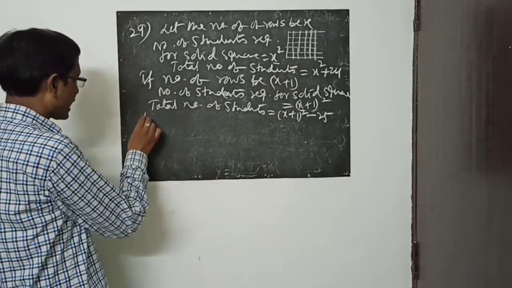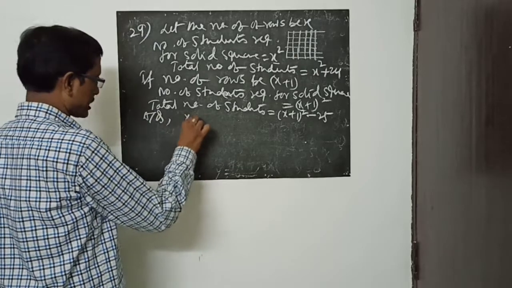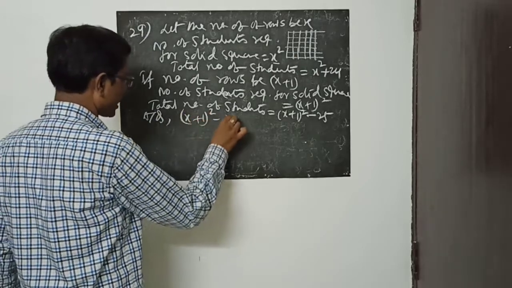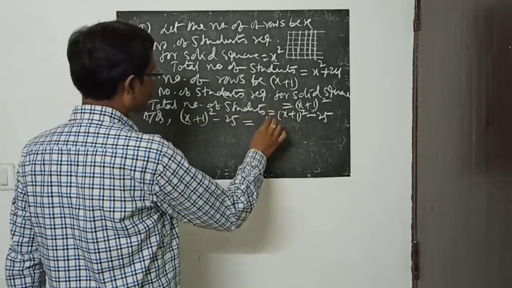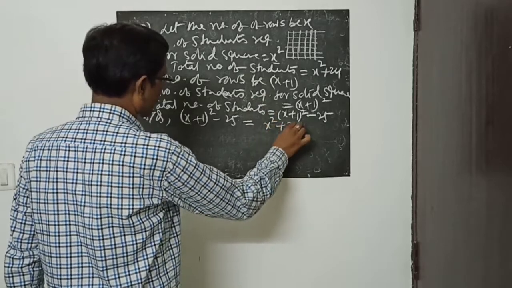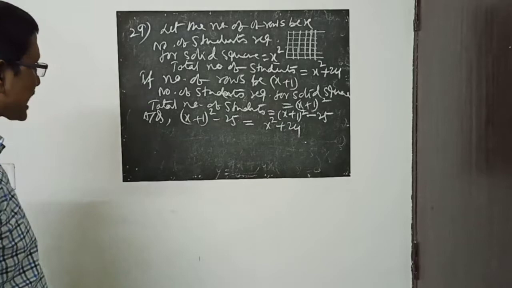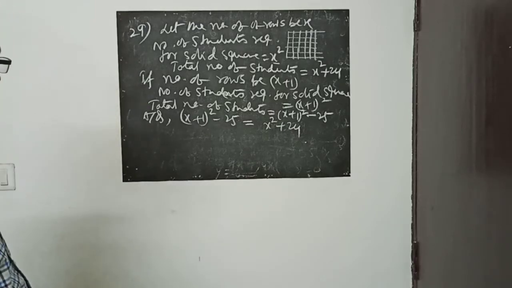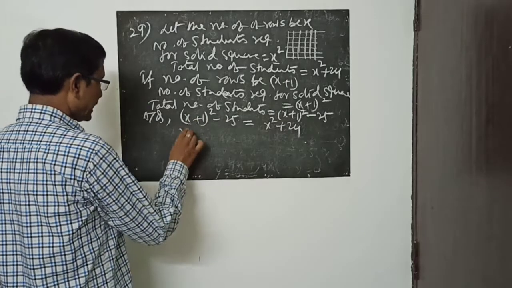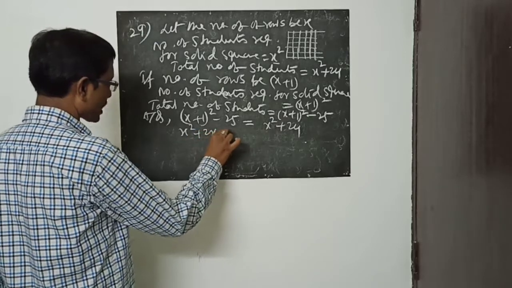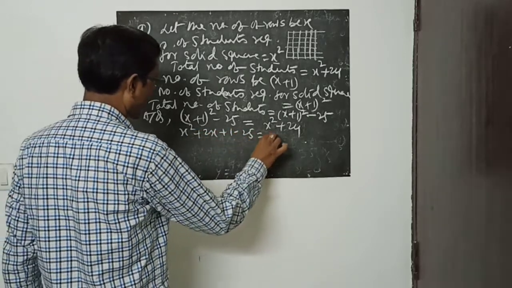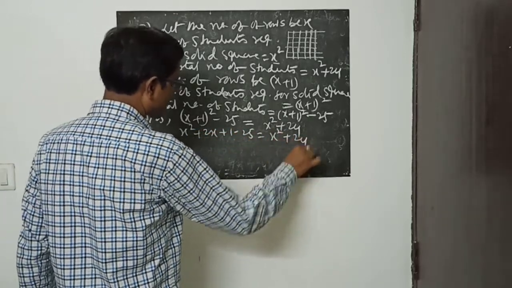So according to the question, (x plus 1) whole square minus 25 is equal to x square plus 24. If we do this calculation, what do you get? x square plus 2x plus 1 minus 25 is equal to x square plus 24.